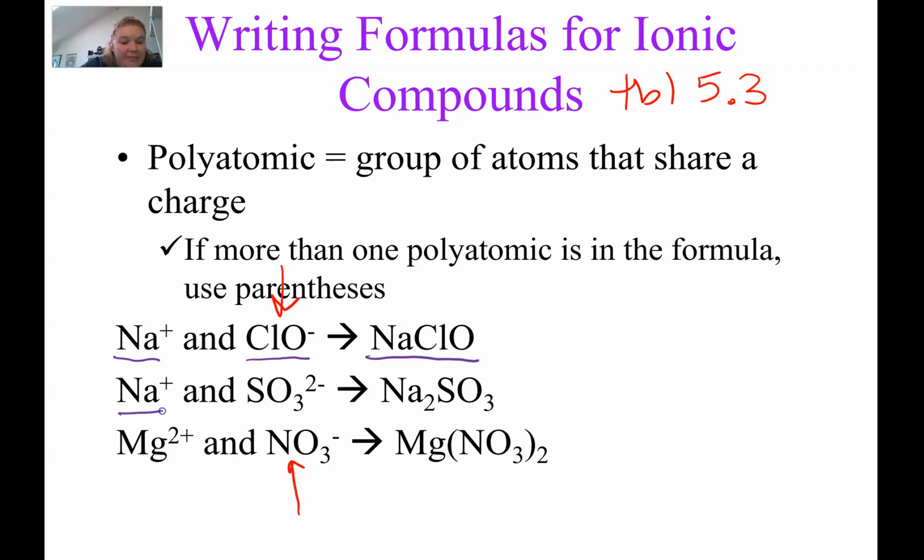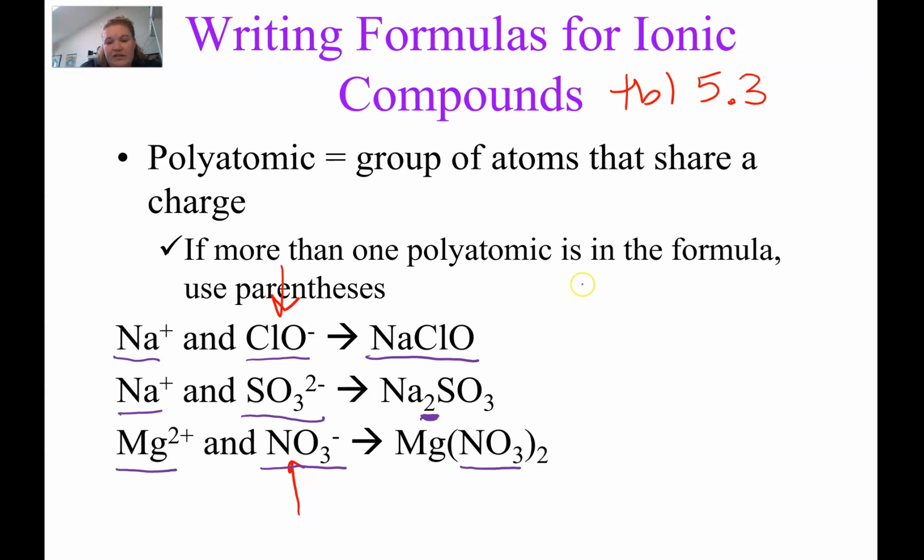If we have an Na+ and an SO3 with a 2-, then we need to have 2 sodiums to balance out that 2- charge. And if we have Mg2+ and NO3 with a 1-, we need to have 2 of those nitrates, 2 of those NO3s to balance out that magnesium charge. And if we have more than one polyatomic, we want to put it in parentheses.